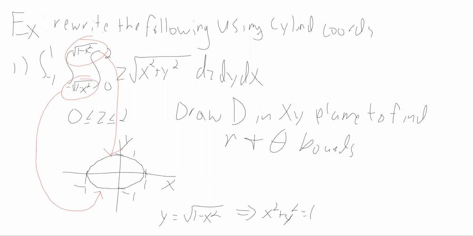So y goes from that lower guy to the upper guy, but we may not necessarily get the entire circle or the entire disk inside that circle. It depends on x. So if x just goes from, say, 0 to 1, we would get the right half of this. But here x goes from negative 1 to 1.